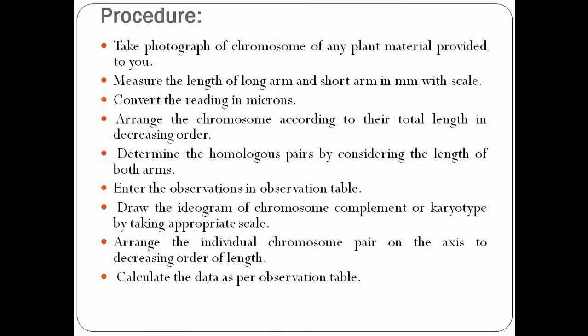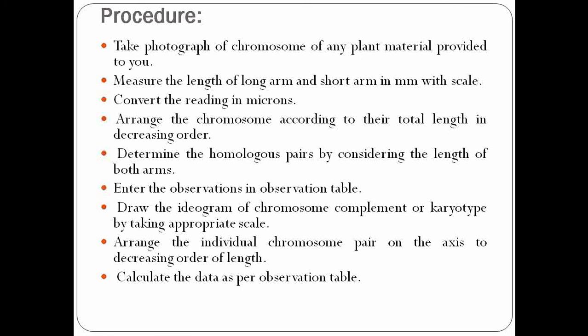Now we are moving towards the procedure, what we have to do whenever we get the photograph. Firstly, you take the photograph of chromosomes from any plant material provided to you. Then the next step, which I have already discussed in the introduction, is to pair the chromosomes according to length and keep them in decreasing order.